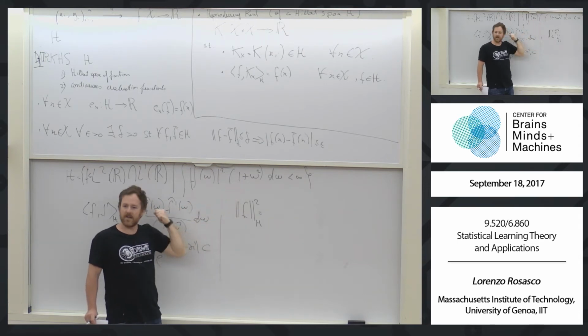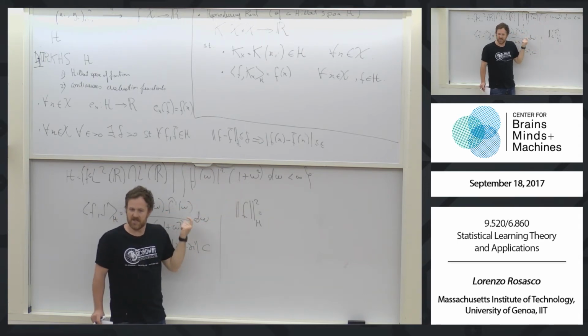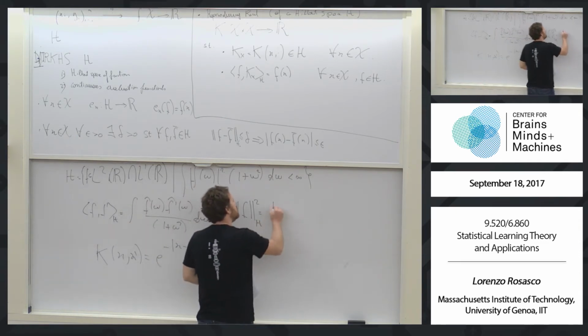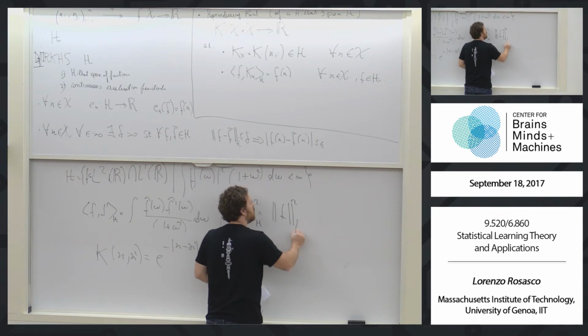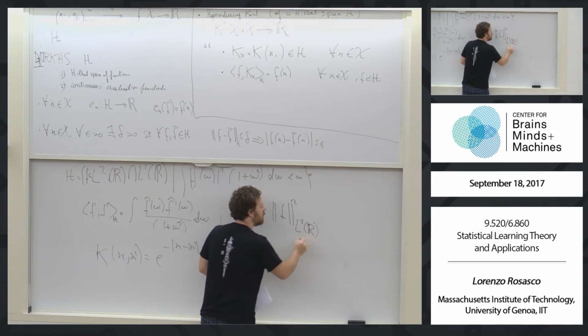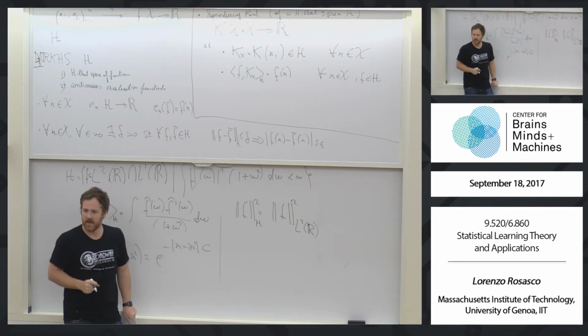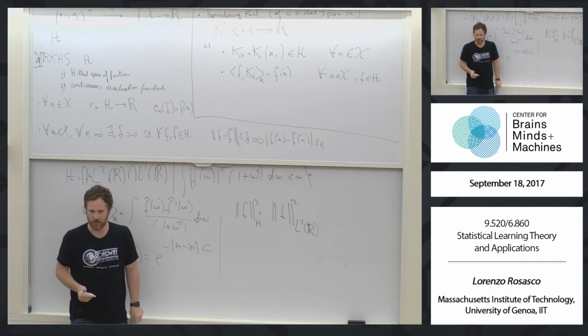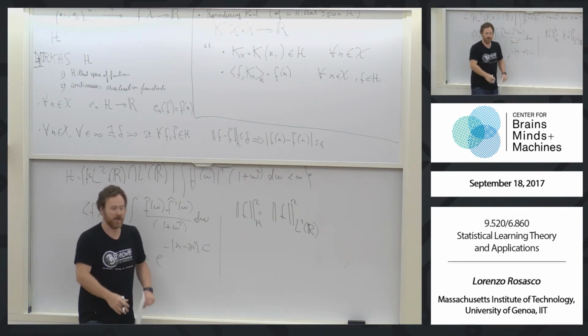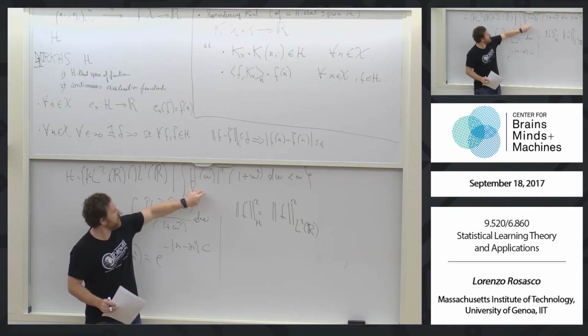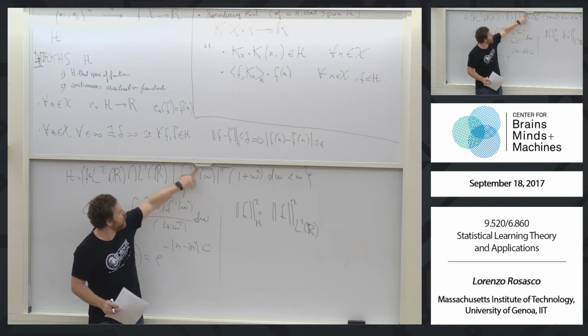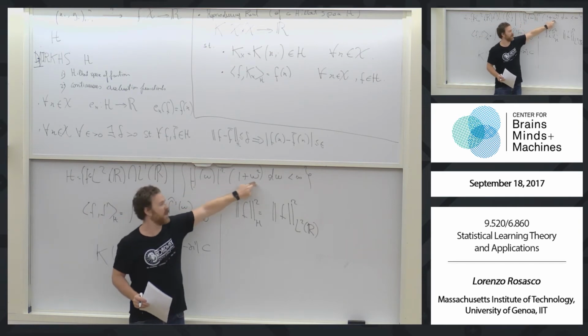Now, if you go back in the space domain, this is just the L2 norm of the function in L2. This multiplied by 1 is just it. And I know this is not enough because this is not a reproducing Hilbert space. In fact, I added a little bit more. I added the integral of f omega squared times omega squared.